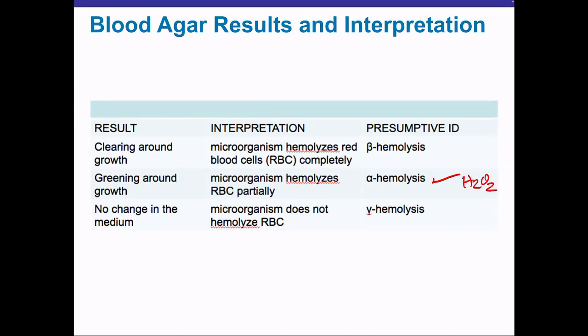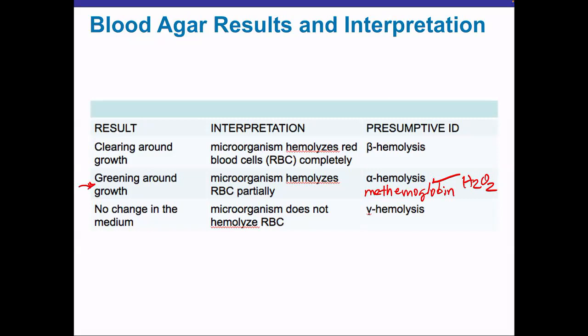And this is what oxidizes hemoglobin, producing the green oxidized derivative that is called methemoglobin. So this is the alpha hemolysis.